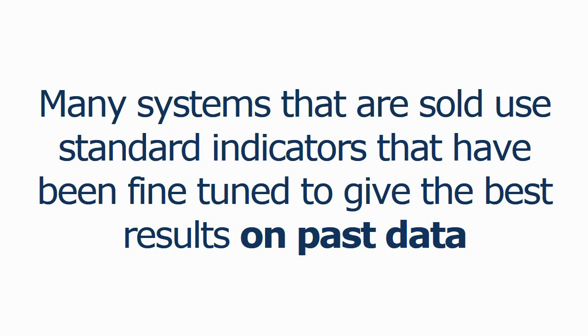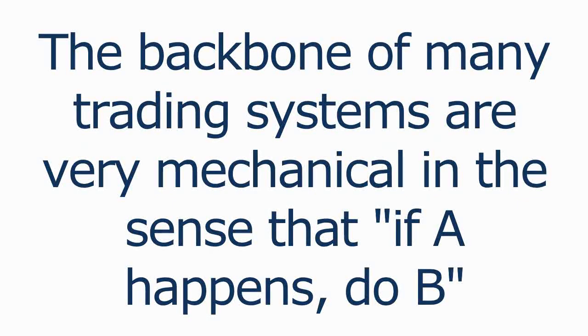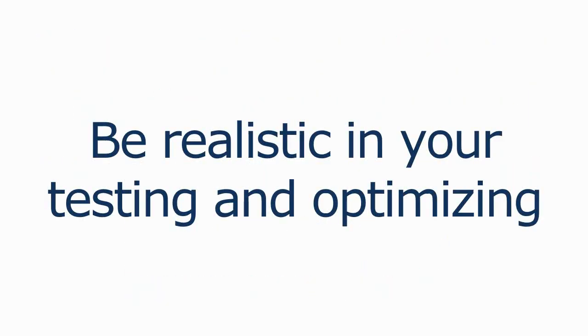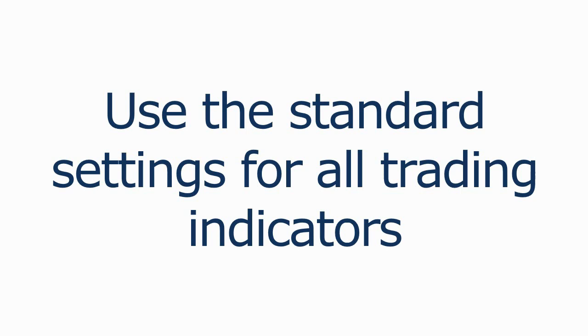And the backbone of many trading systems are mechanical in the sense that if A happens, you do B. And there's nothing wrong with optimizing to take into account current market realities, but your approach and your mindset in doing so can either have you being realistic or over-optimizing out of the realm of complete reality. And one way you might choose to not fall into the over-optimizing trap is to just use the standard settings for all trading indicators.